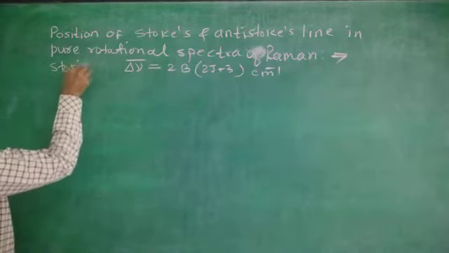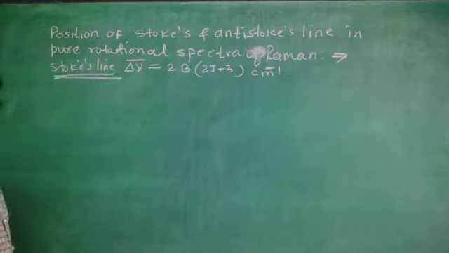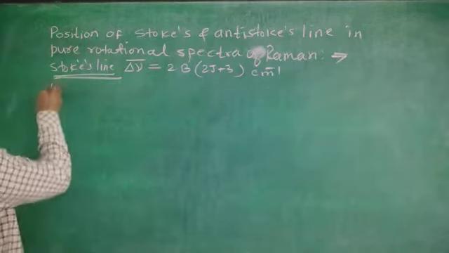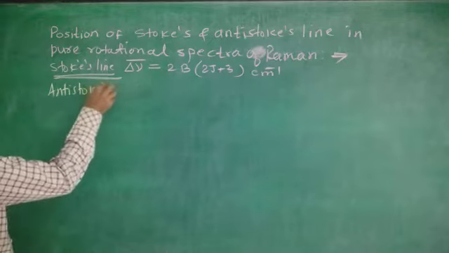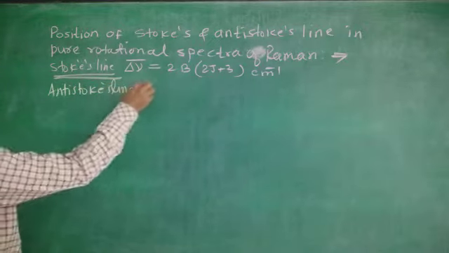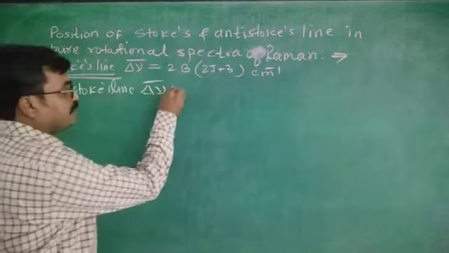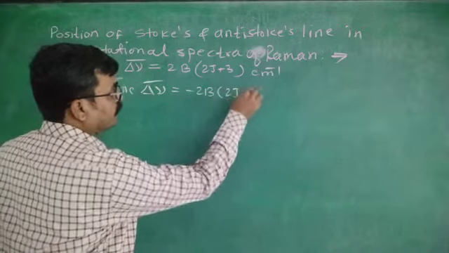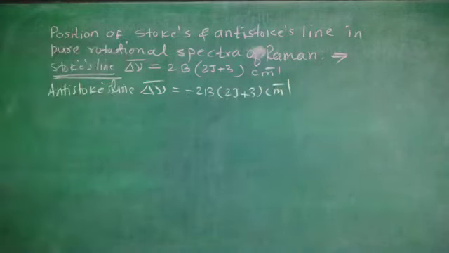Now if we see it for anti-Stokes lines, then this shift becomes delta nu bar equals minus 2B into 2J plus 3 so many centimeter inverse.